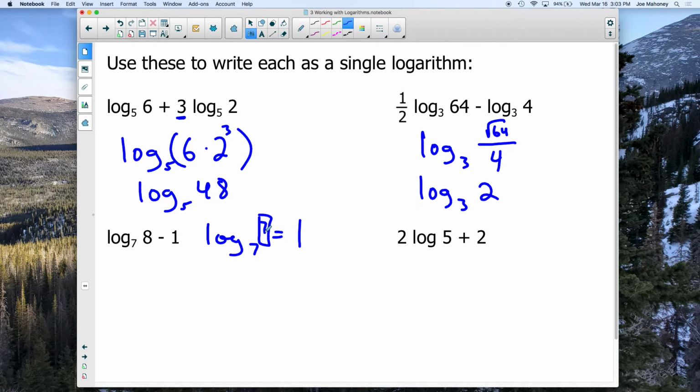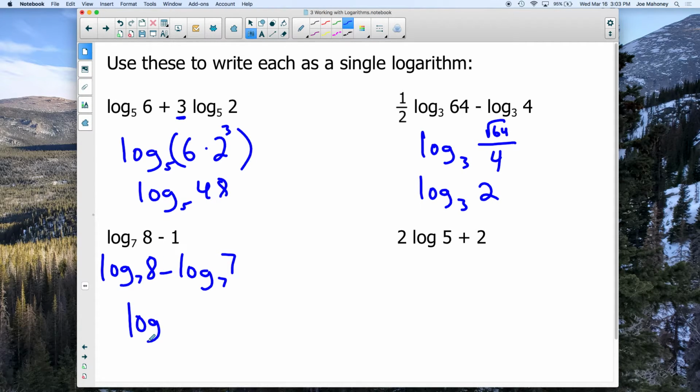So I'm going to rewrite this as the log of 7 in base 7. Oh, that's convenient. That's sneaky. So now I get the log of 8 over 7 in base 7. And that's cool. Does that help you with the last one, maybe?